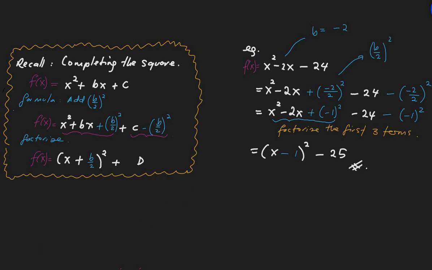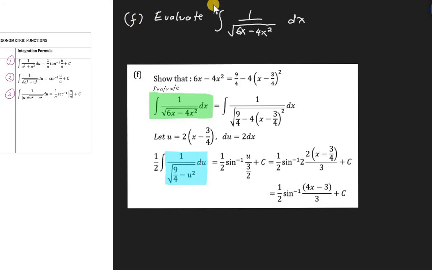Let us do more. Question F, evaluate this, right? In order to evaluate this, we need to get it in this format. So first step, you need to complete the square until you can get 6x minus 4x square being 9 on 4 minus 4 of this thing square. When you change this into this format and simplify further, let's say you set u such that u square is 4 of this whole thing square.